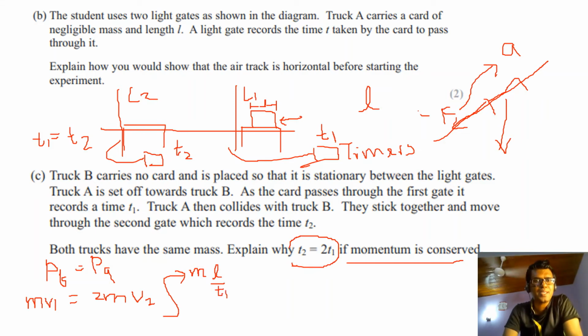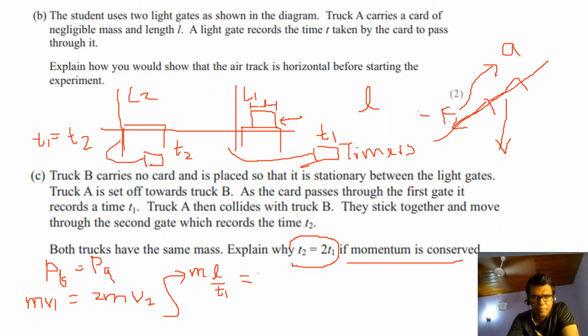So v1, which is the velocity of cart A before it collides with B, is the length of the cart divided by the time taken to pass the light gate, that is T1.